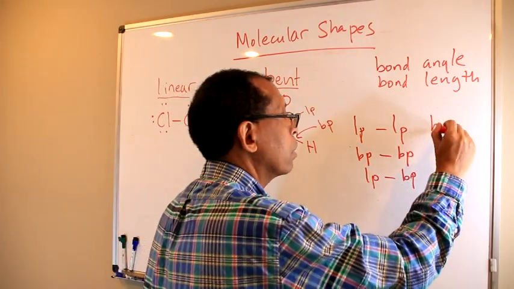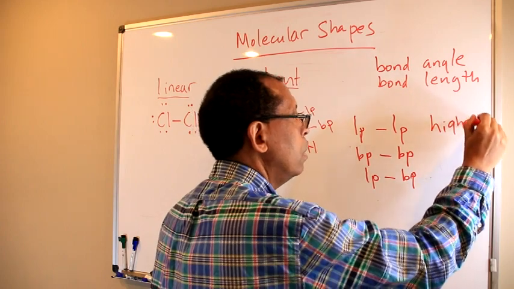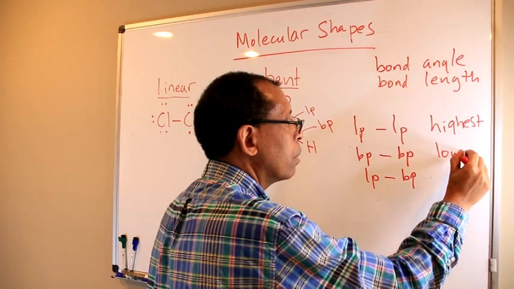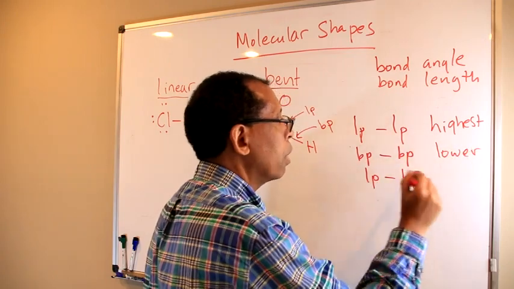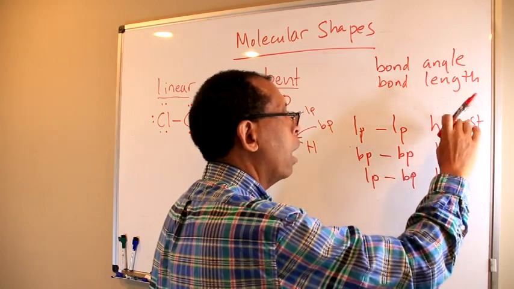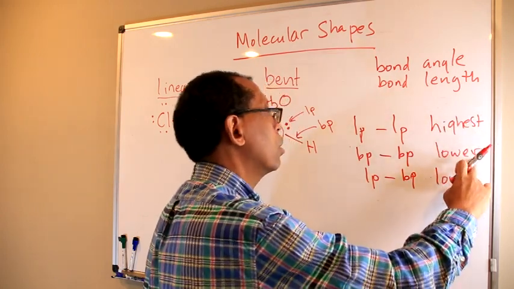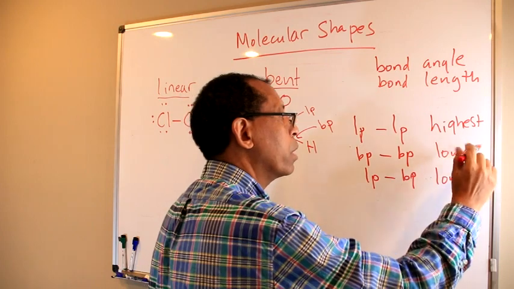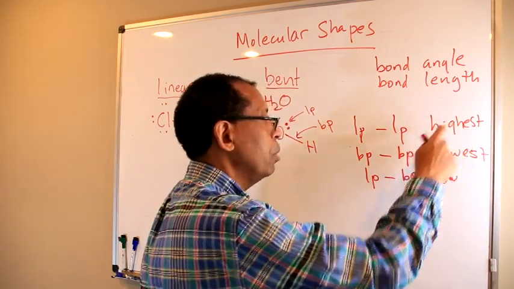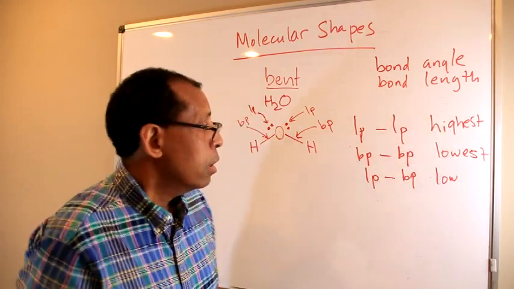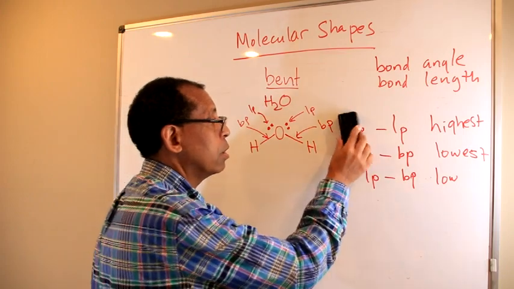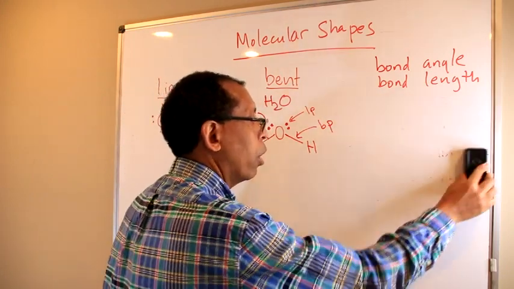It's actually the highest interaction. The bond pair is lower. The lone pair bond pair is low as well. So this is the highest, this is the lowest we can say, and this is low. This should be between these two. Therefore, as you see, this interaction is what determines the shape of the molecule.